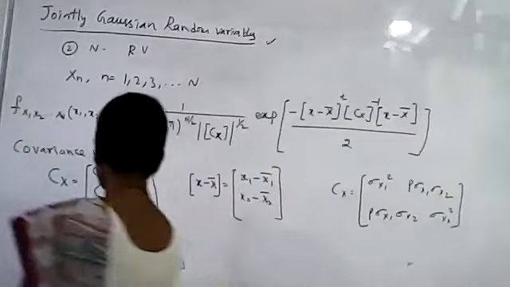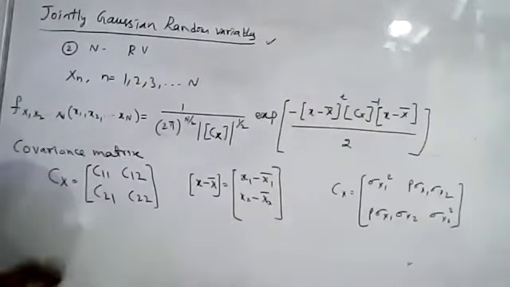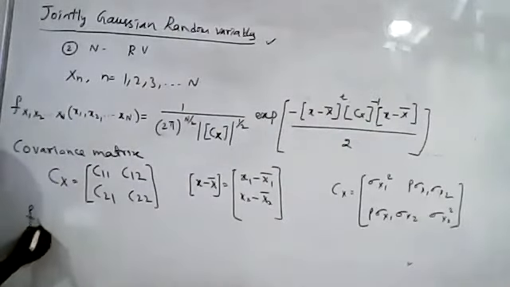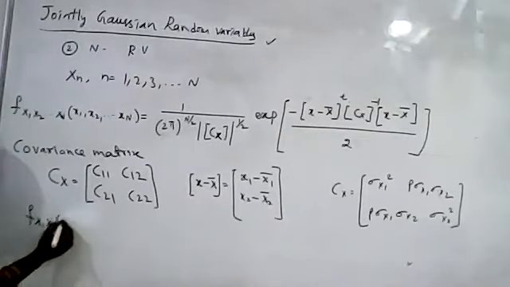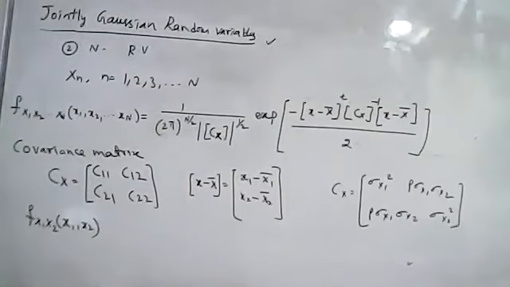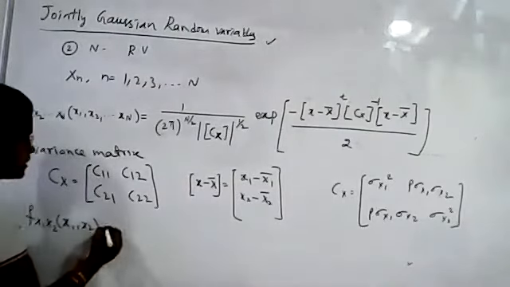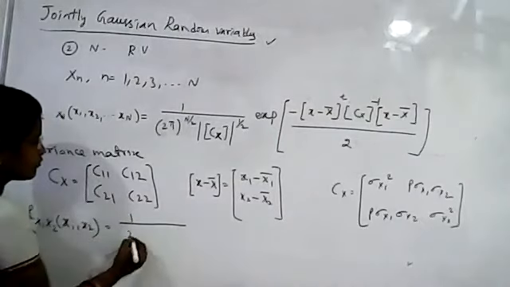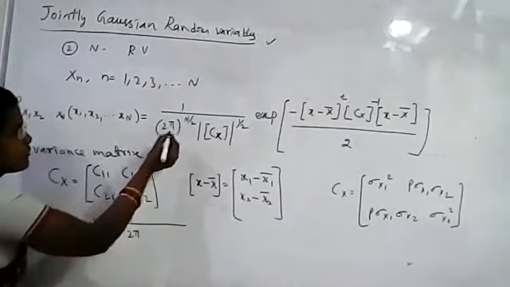Okay, now use this formula. Now we have only two random variables, x1 and x2. The joint pdf of x1, x2 will be equal to 1 by 2 pi to the power N by 2, where N is the number of random variables.